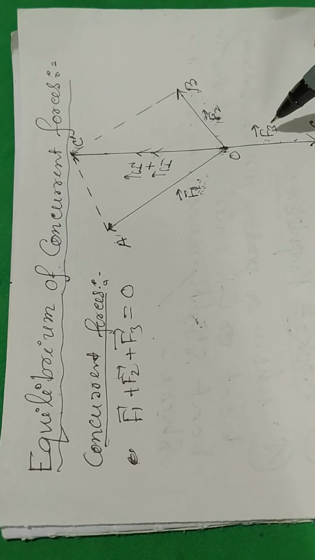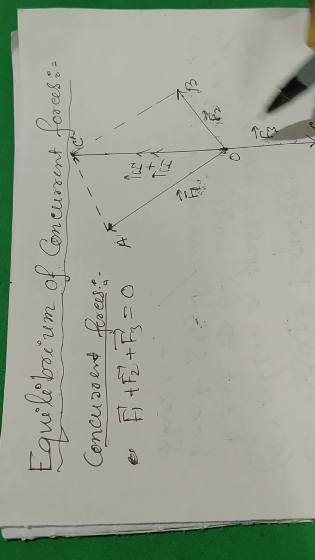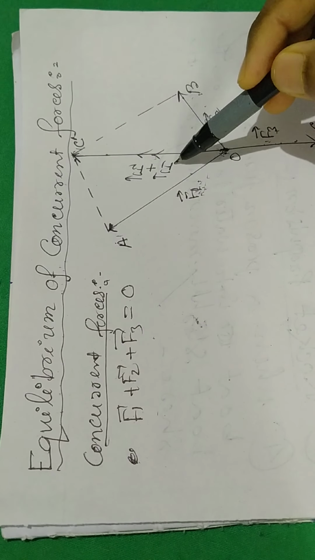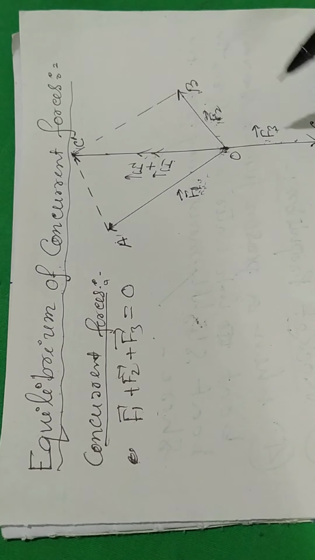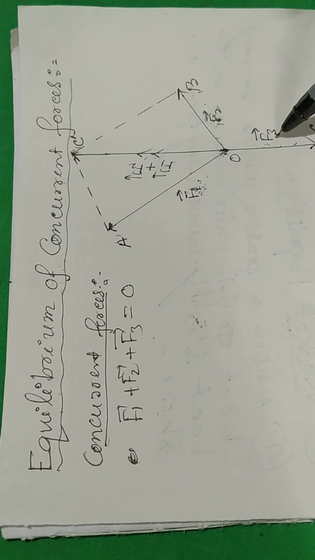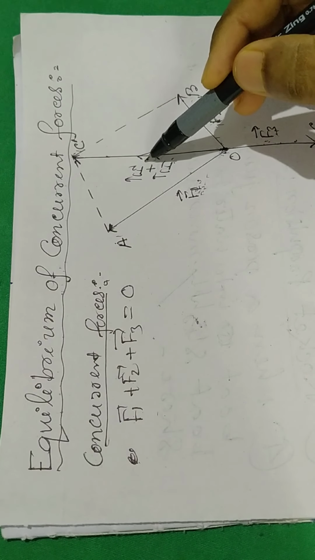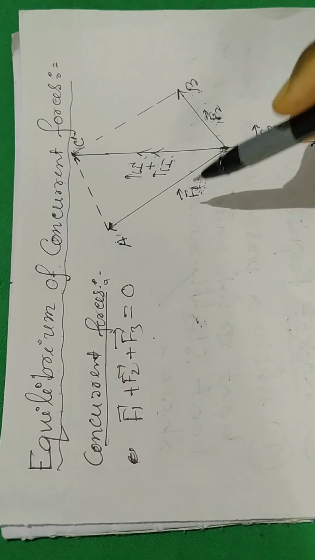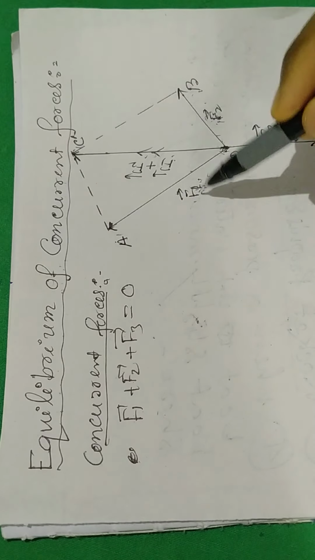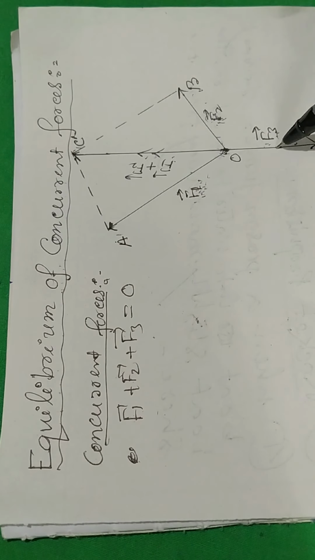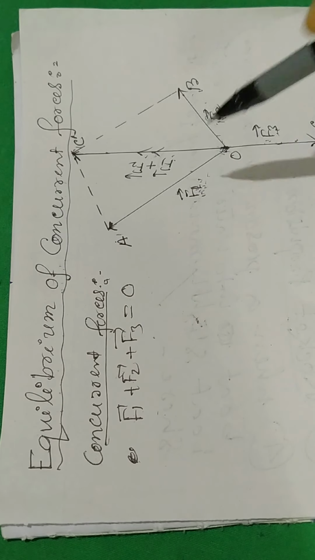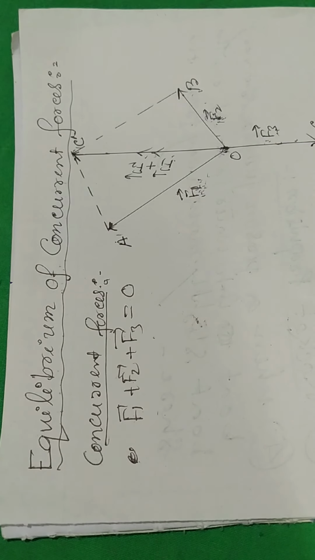Now, if F3 is equal and opposite to F1 plus F2, then the resultant of F1, F2 and F3 acting at the point O will be 0.